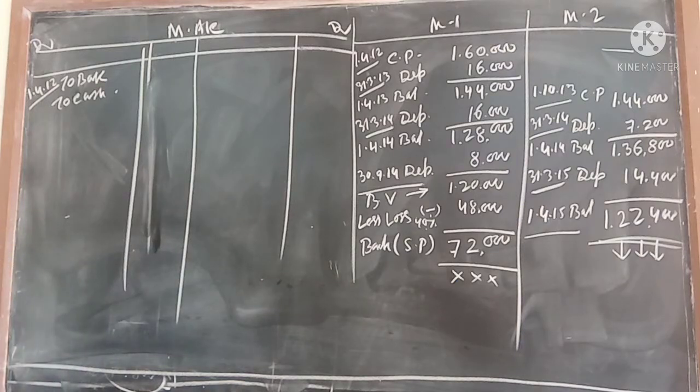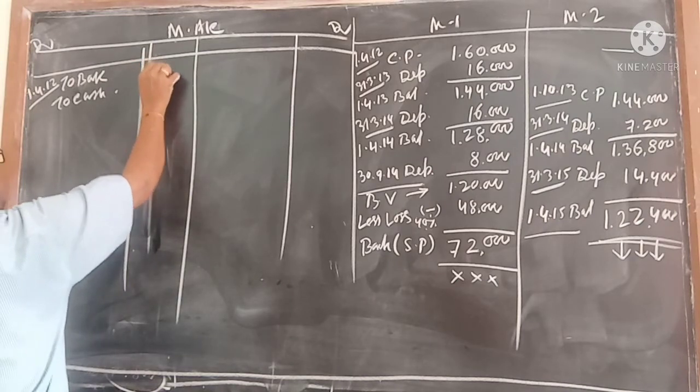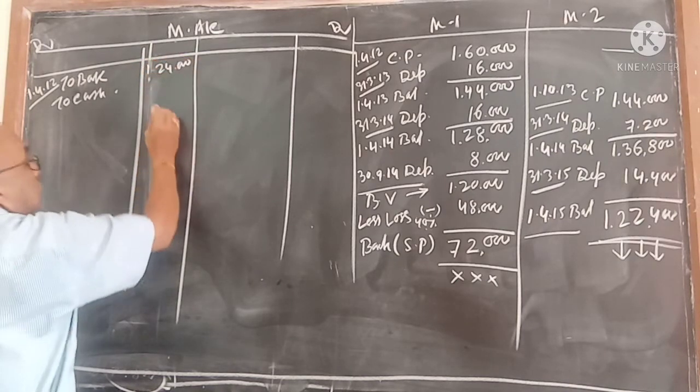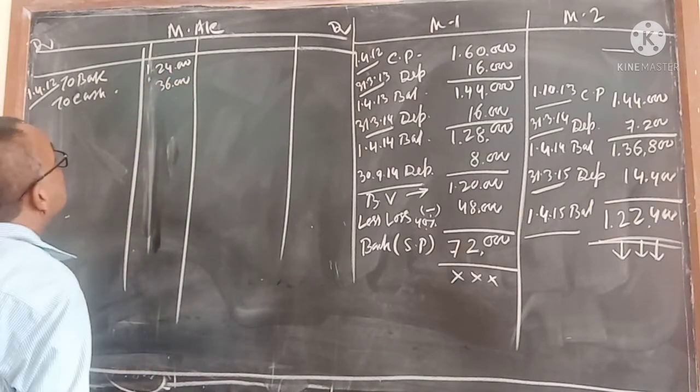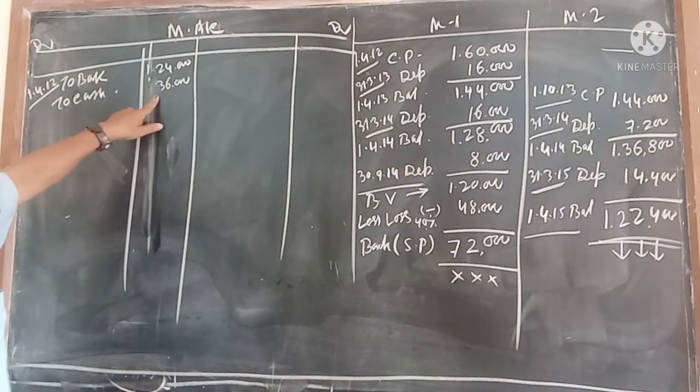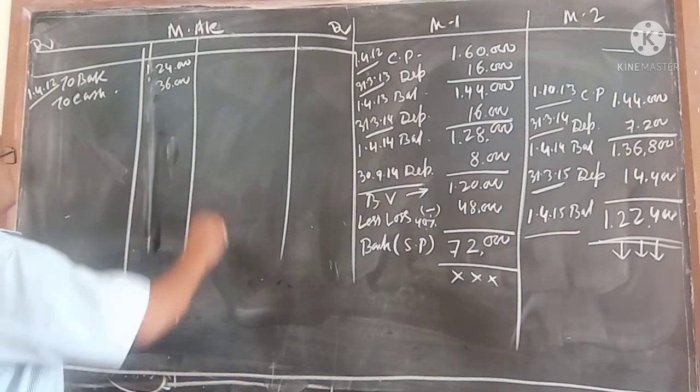I think 21,124 or 16 or this. 124 or 36. This is 16 plus 16 plus 20, 36.